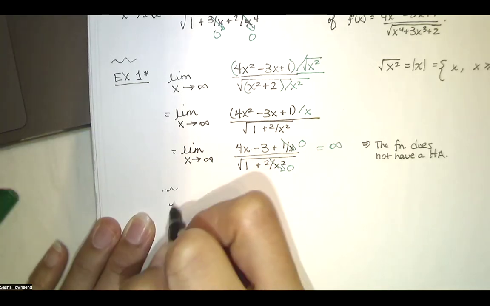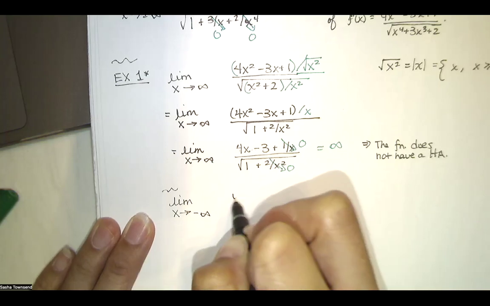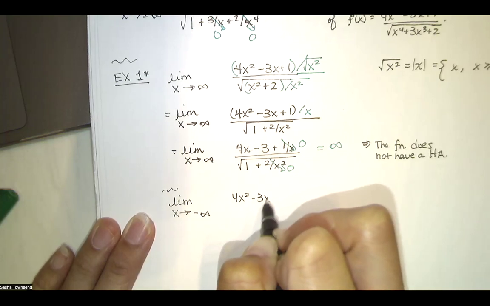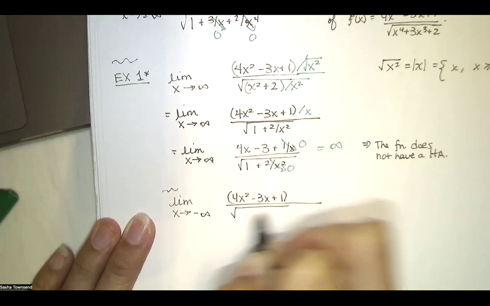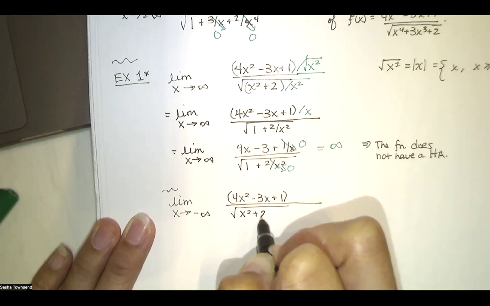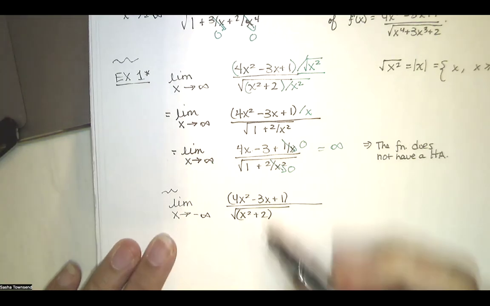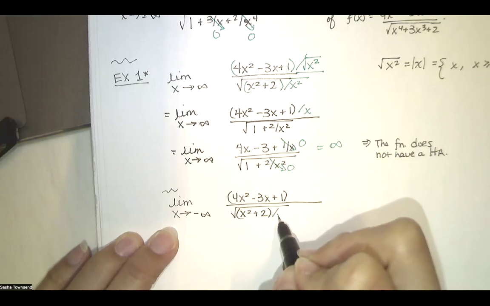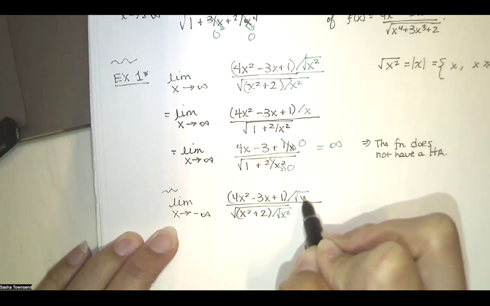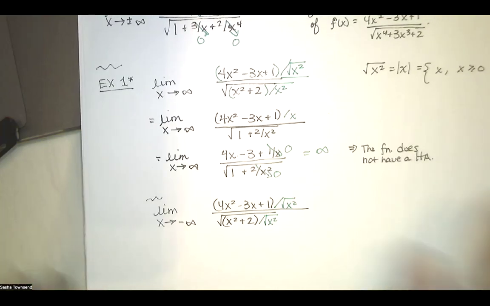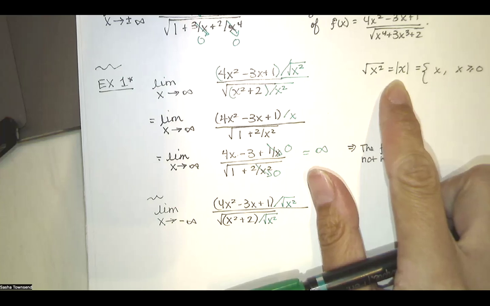So now we've got the limit as x goes to negative infinity of the same function. Now pretty much everything is going to be the same. But we have to think about what the absolute value of x is as x goes to negative infinity.